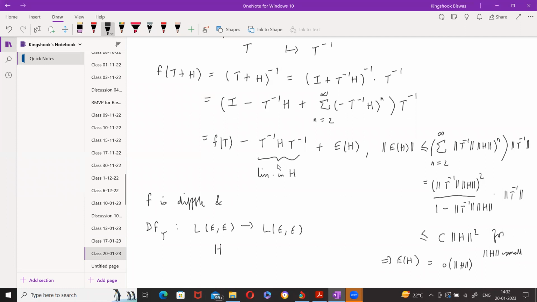H goes to minus T inverse H T inverse. Is this clear?